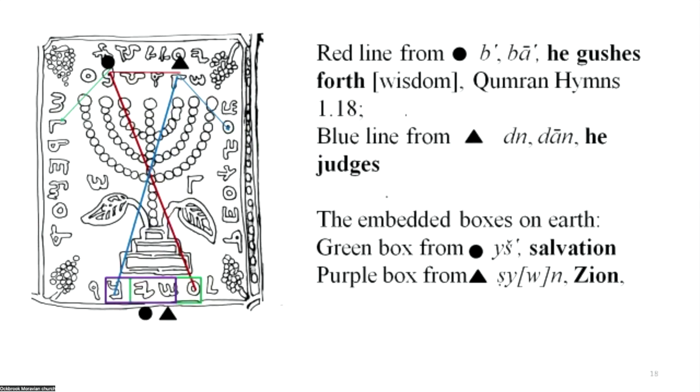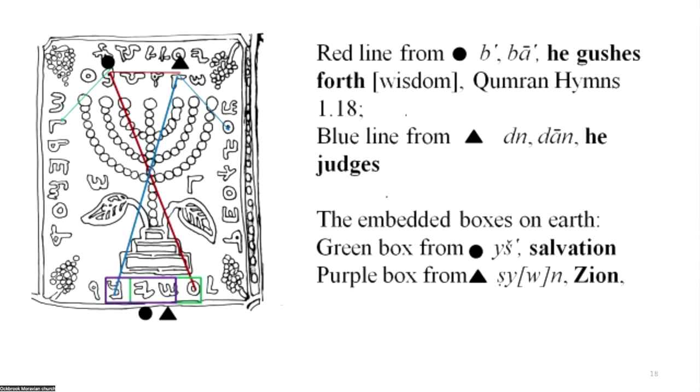If you take the other part of that pattern and read the blue line from the triangle down to earth, then you have he judges. So he is the wise teacher, but he also comes as the judge. Well, again, this is a very familiar image of the Messiah coming as the teacher and the judge. And then at the bottom, we're back with those 4 letters that we've just been looking at. This time, they're divided differently. This is another characteristic of reading these texts, and that is the embedded boxes, where the words go in different directions.